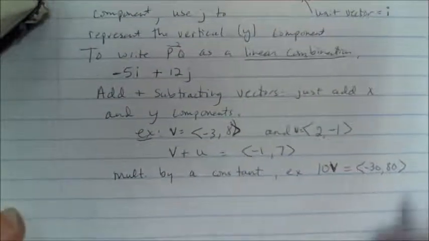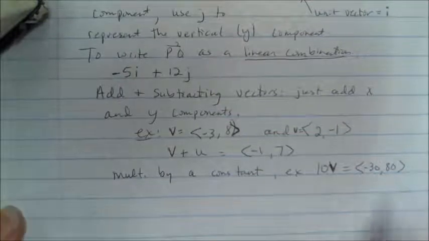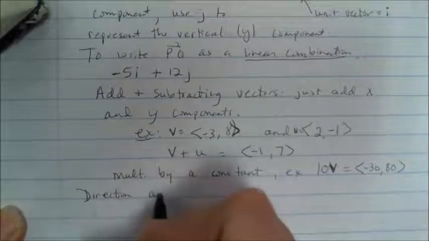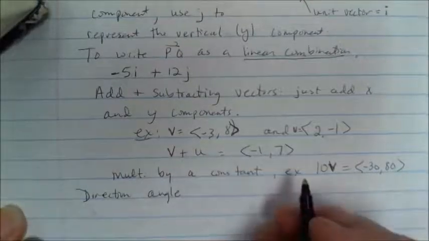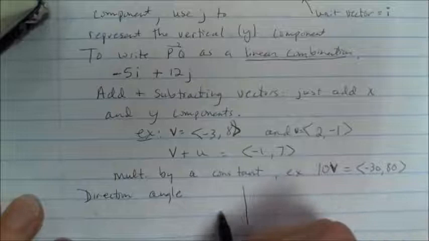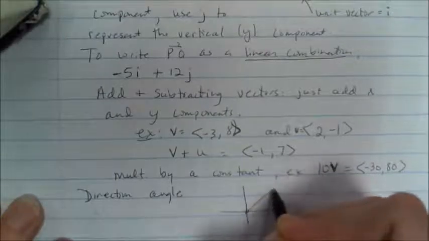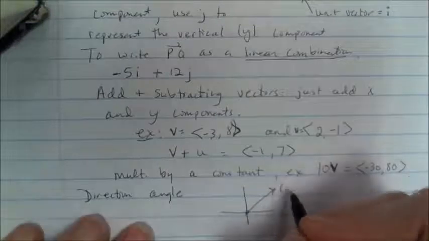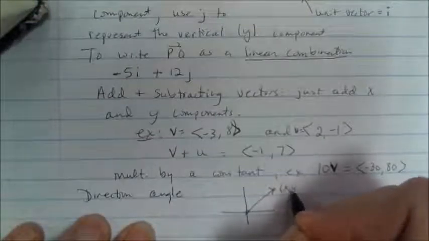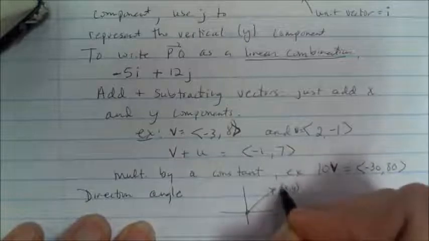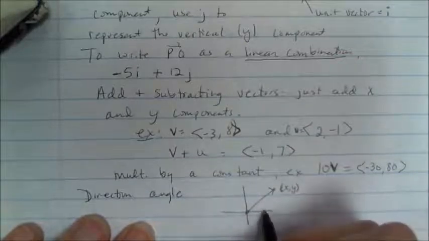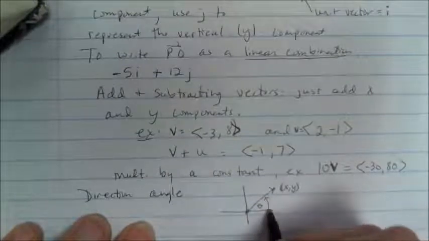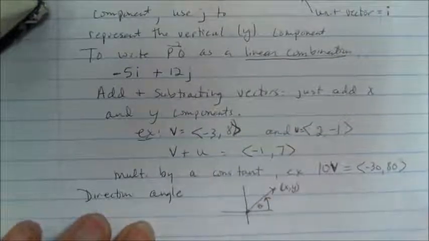And then the last thing I want to talk about is direction angles. If you have a vector in component form, let's say it's at some point x comma y, that's where the terminal point is. The direction angle is this angle theta. So it's just like we did last year in Algebra 2.